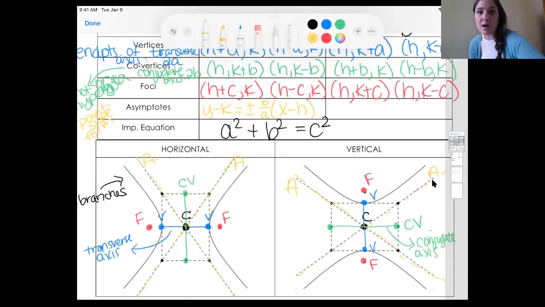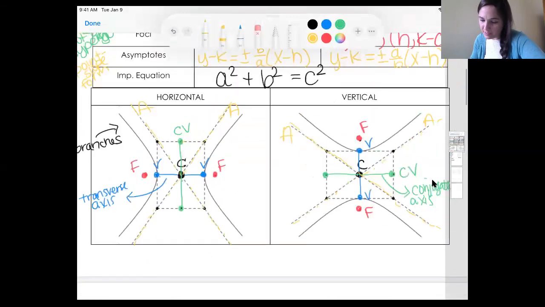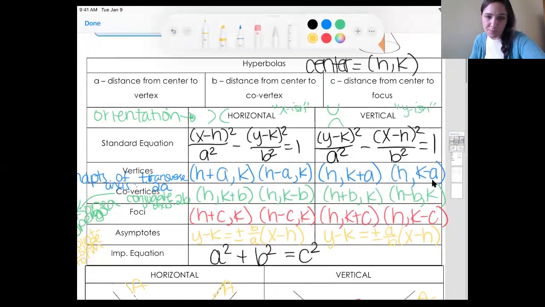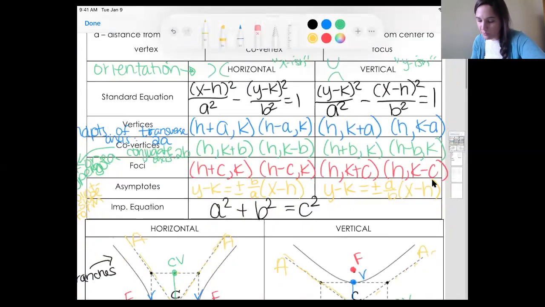Remember, b can be y or b can be x dependent upon if it's horizontal or vertical. So y minus k equals plus or minus. In a vertical hyperbola, our a value represents that vertical change, so that's the y change. So it's a over b times x minus h. Okay. All right. So like I said, these formulas might be helpful for you. They might not. Anyways, the color coding is cute.